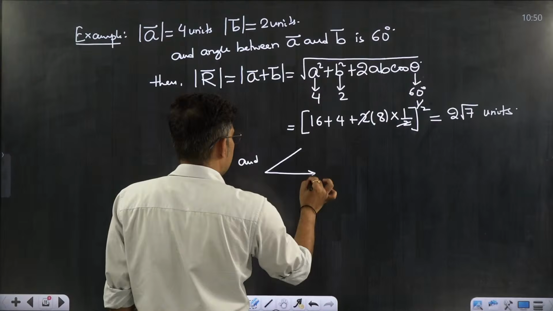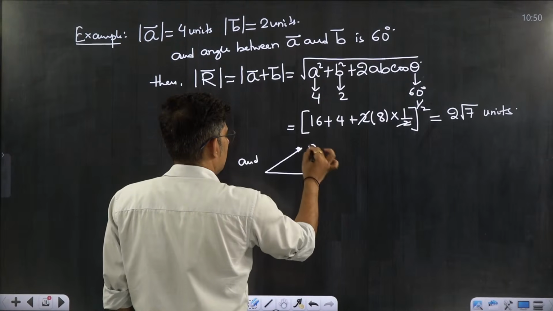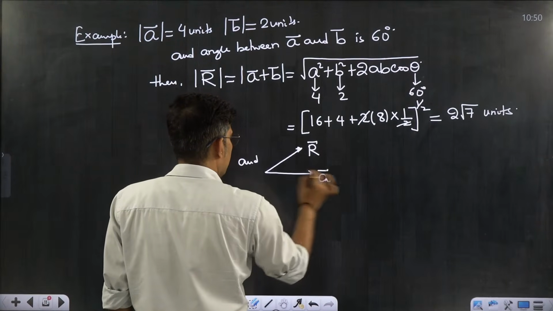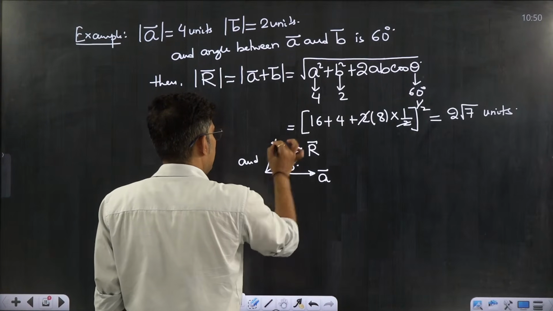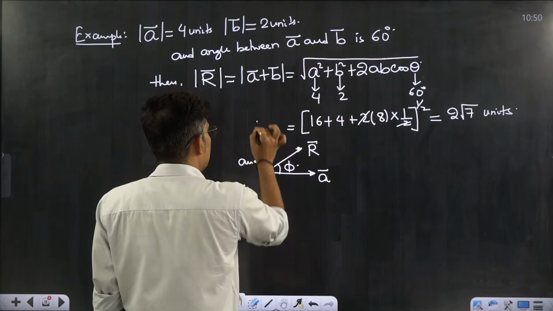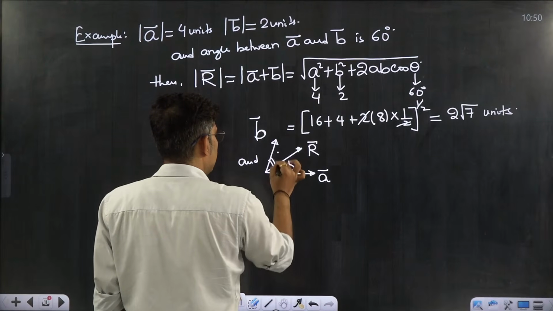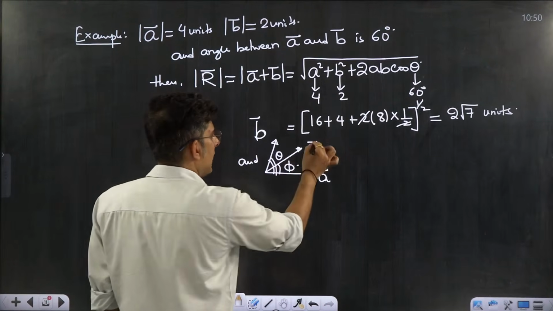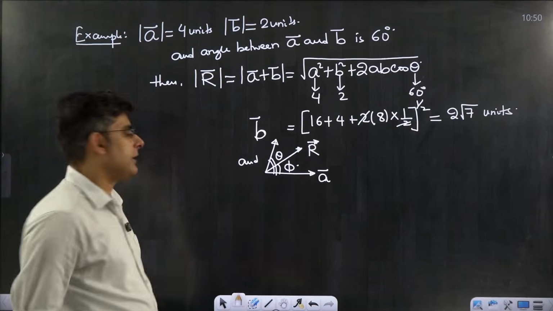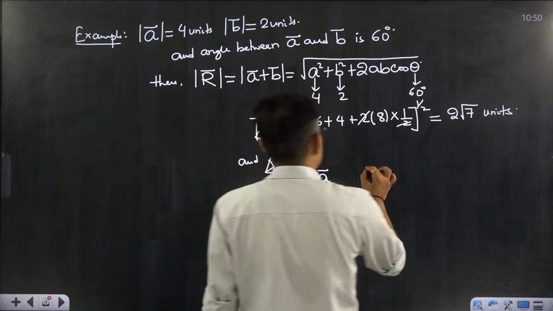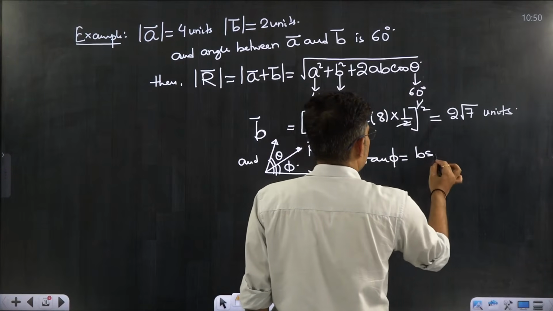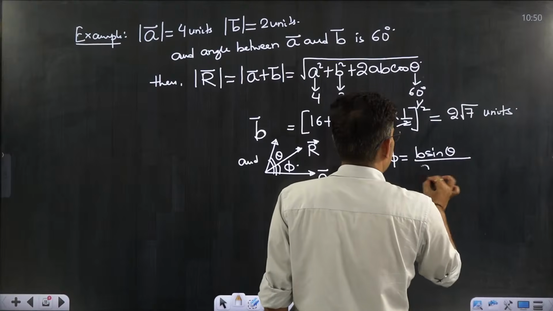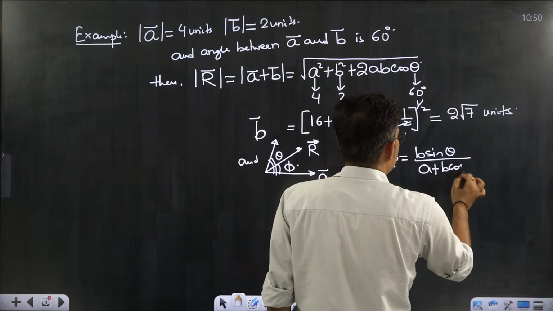And if the resultant makes an angle phi with A vector, whereas A and B, the angle they have given us theta is 60 degree, we are asked how much angle the resultant makes with A. Tan phi is B sin theta by A plus B cos theta.